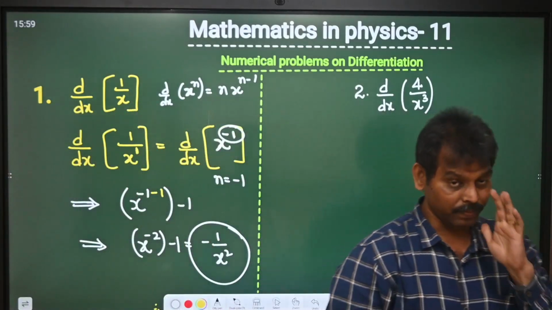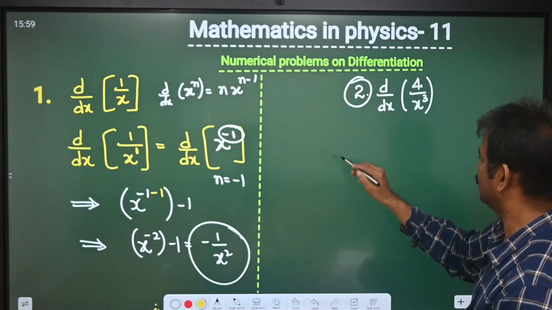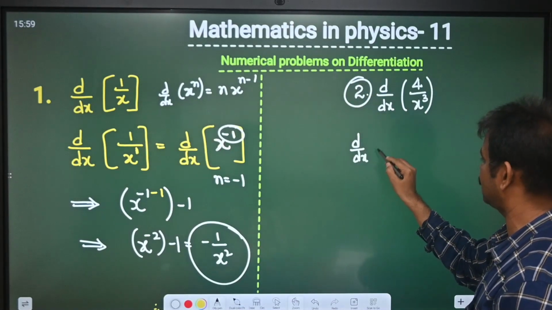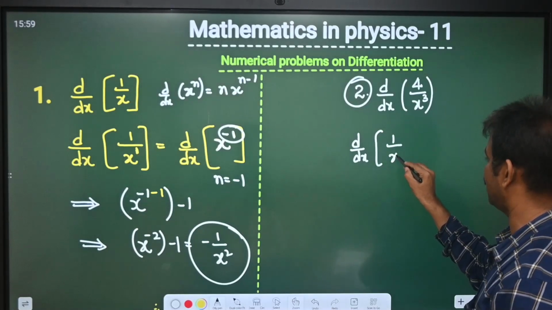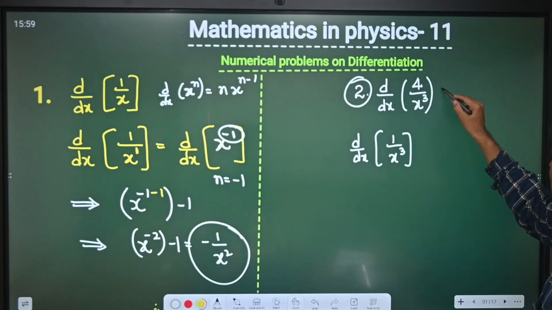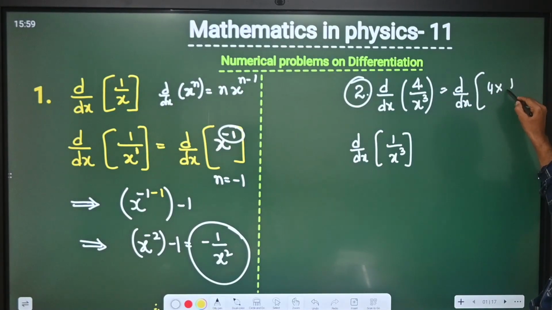Now the second problem, d by dx of 4 by x cube. Because this is a constant into a variable, this can be written as d by dx of 4 into 1 by x cube.